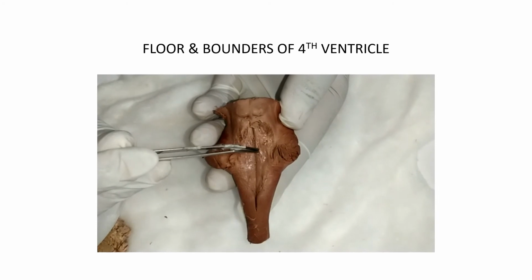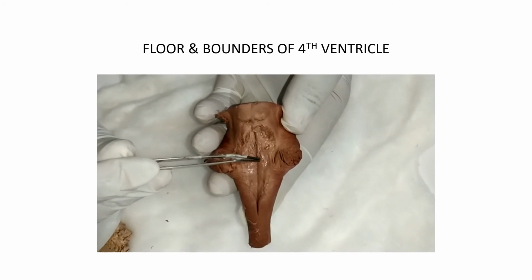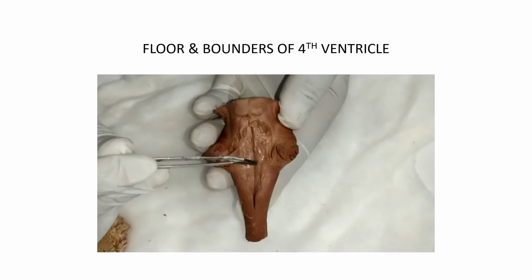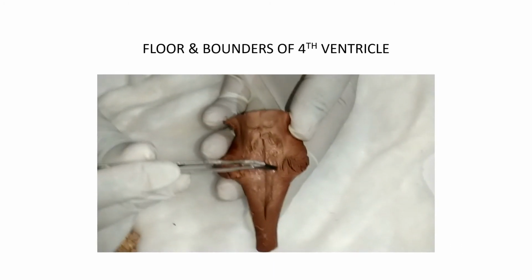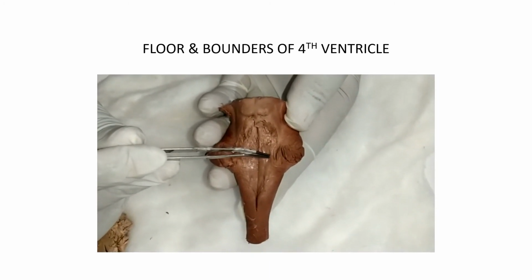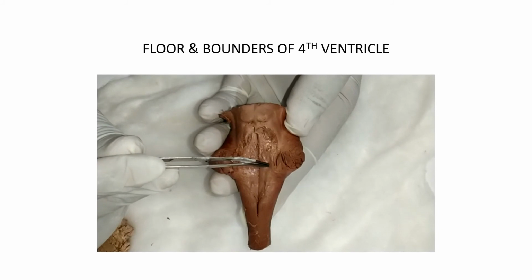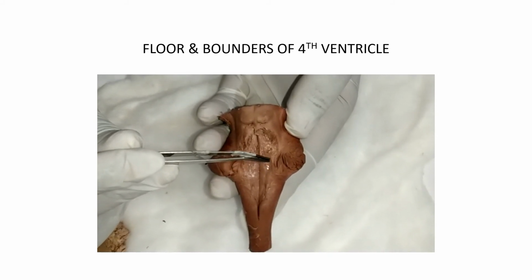The medial area is called the medial eminence. Here you can see the medial eminence, and the lateral area is called the vestibular area. Underneath the vestibular area lie the vestibular nuclei.